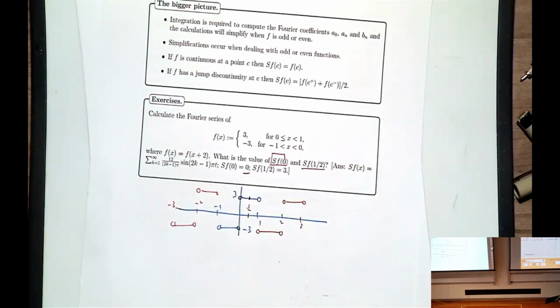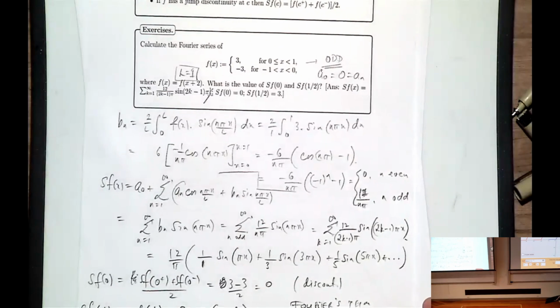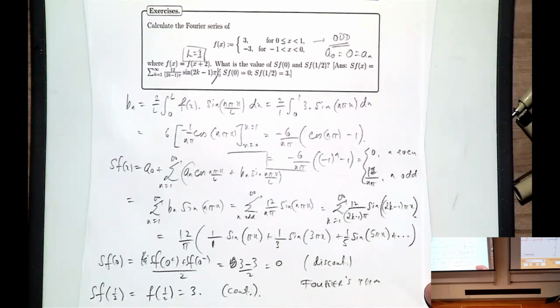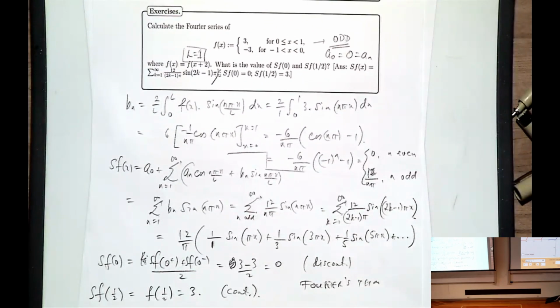Okay? All right, so what is the actual expansion? There it is. Okay? There it is. So the idea with the limits and averaging the limits is called Fourier's theorem.